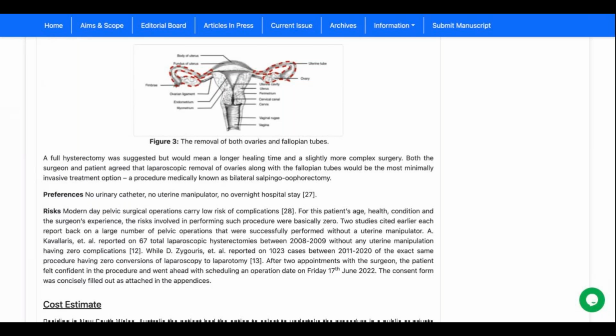But alternatively, I know some women don't want scars on their abdomen, so they opt for the removal through the vaginal way. What I'm seeing here is that it's either one or the other.